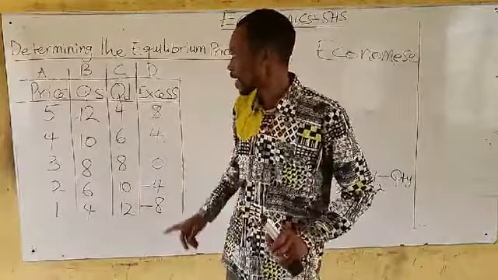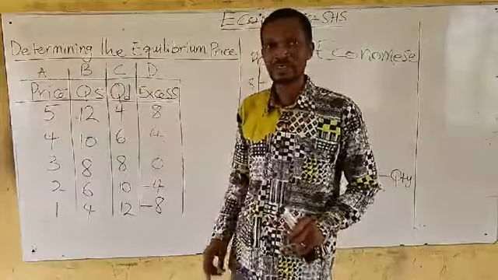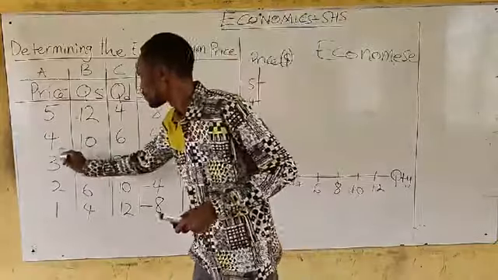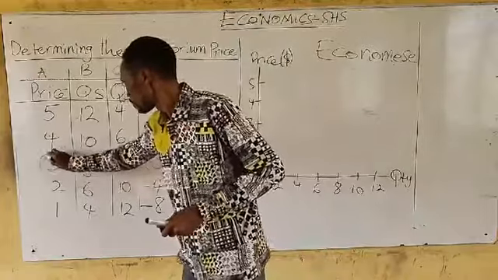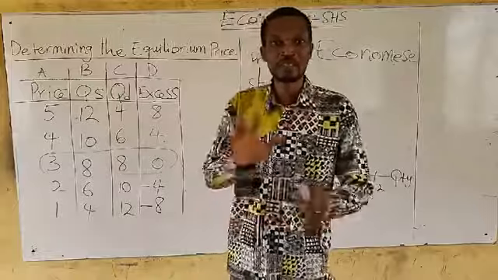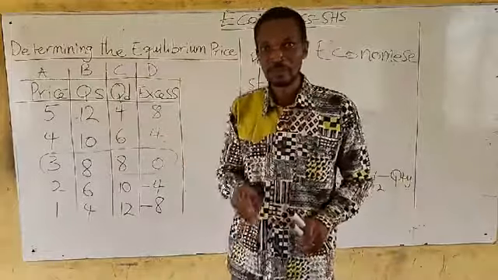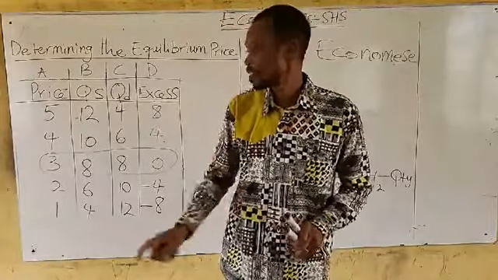So clearly, when I ask you from the board what is the equilibrium price, your answer should be here. What is the equilibrium price? It is not 8. Because the question says, what is the equilibrium price? The answer should be $3.